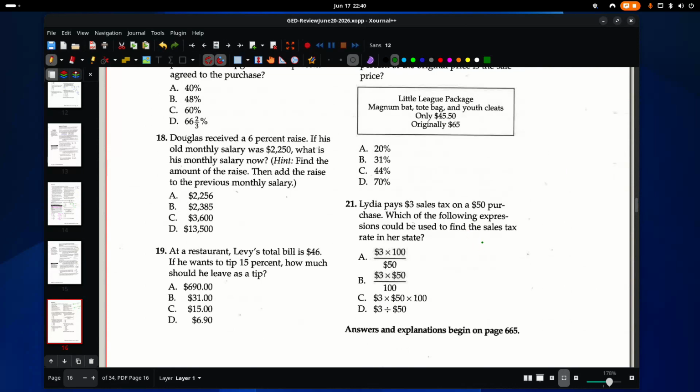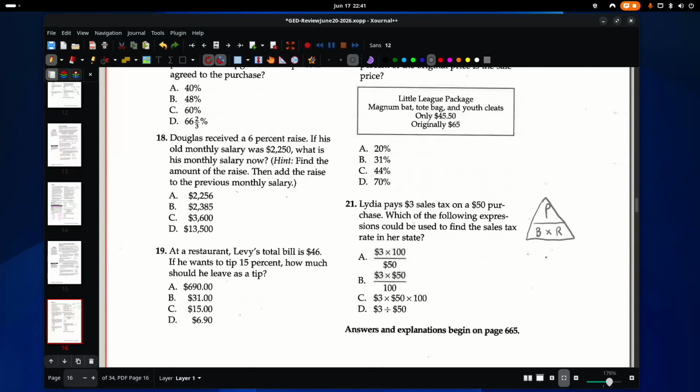Thinking about our formula, the part is equal to the base times the rate, etc. We can put that in our triangle or our box, whatever you like.